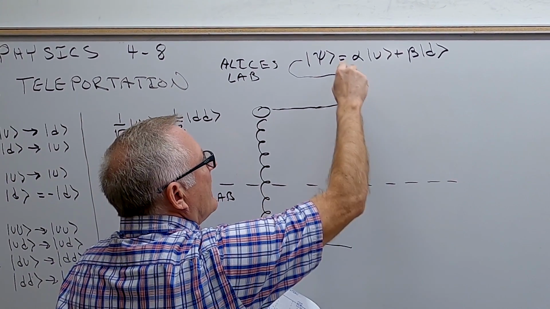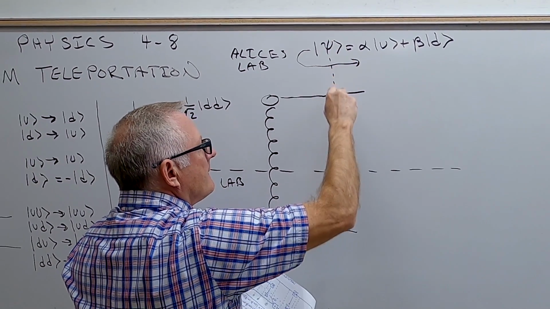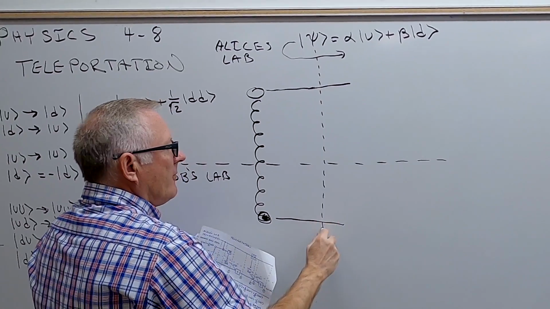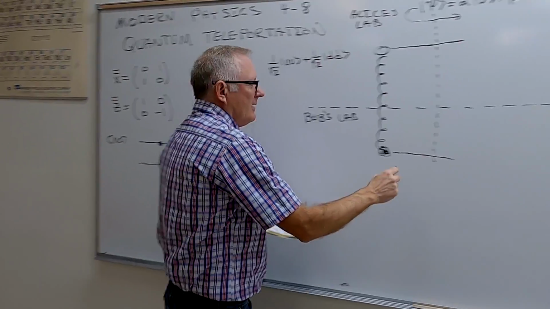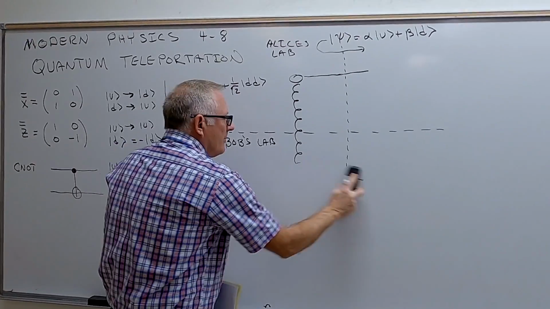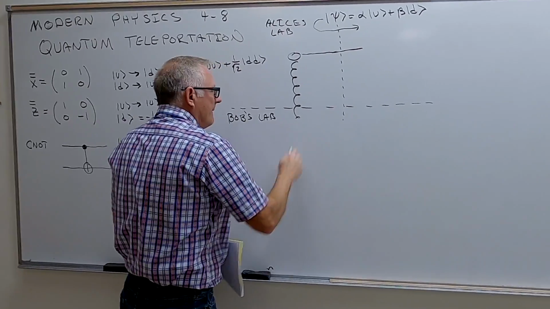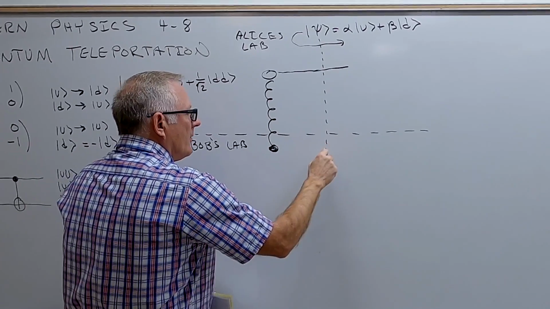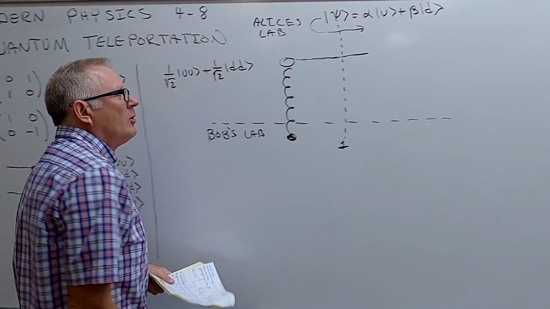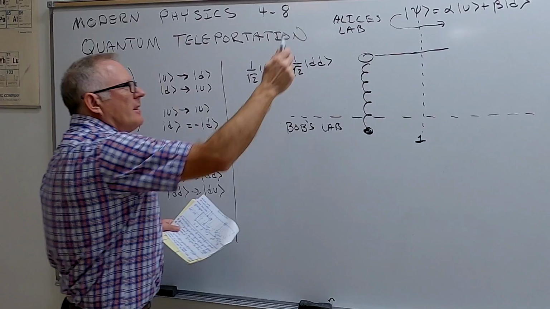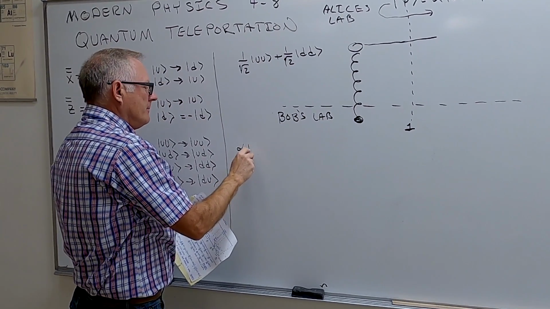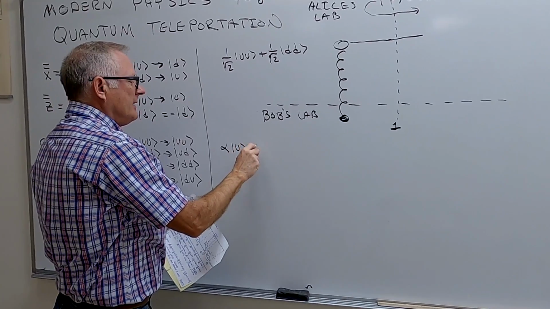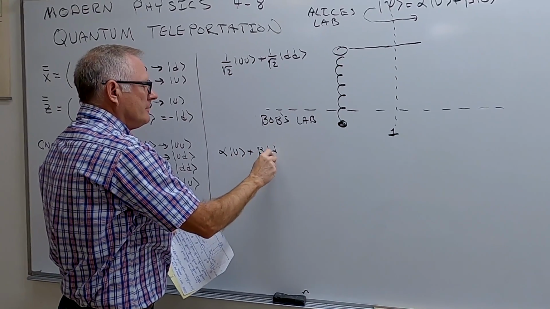Now, we might say at this point right here, what is the state of the system right here? Let me call this point 1. Let me bring this up a little bit just so I can keep the space here. This is location 1 right here. The first bit is alpha up plus beta down.